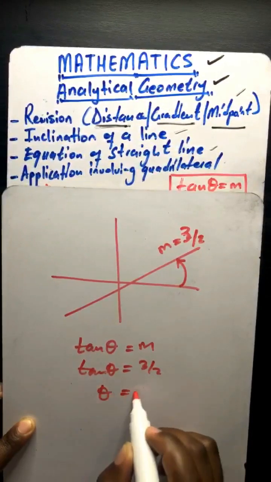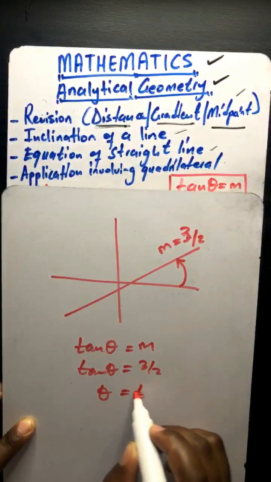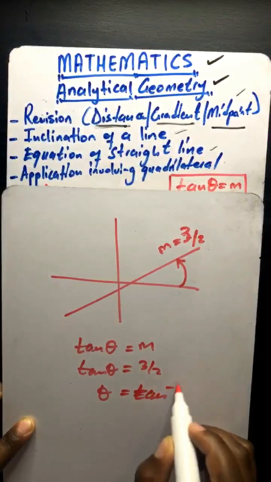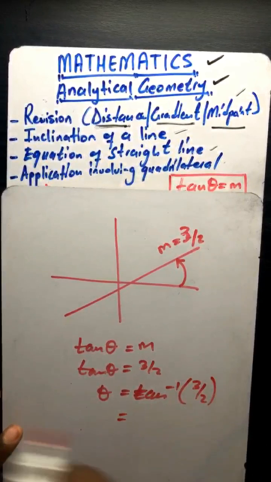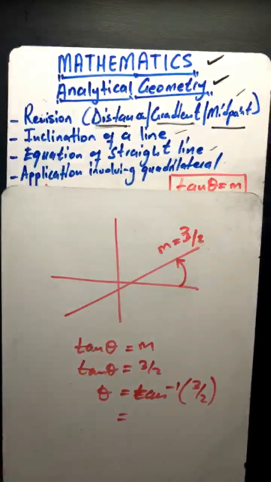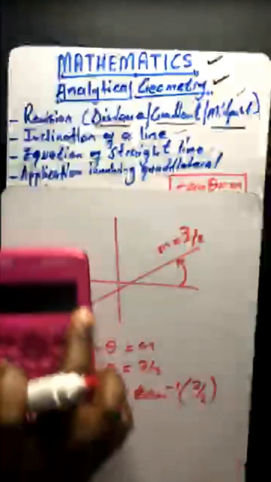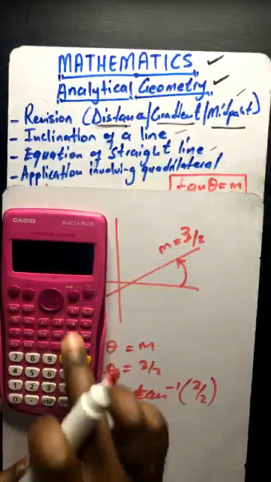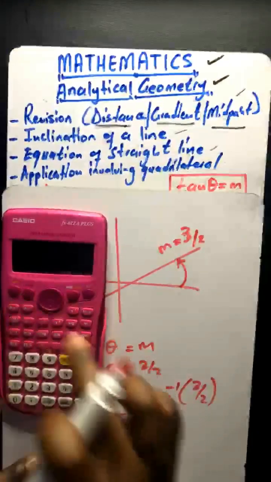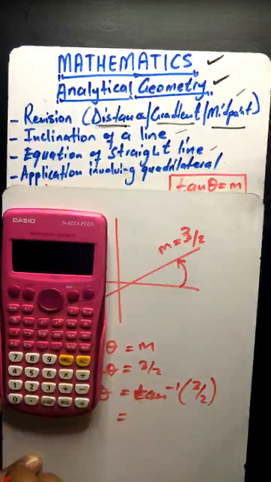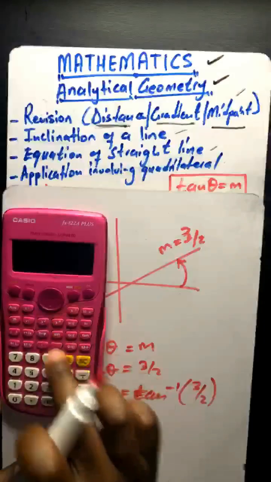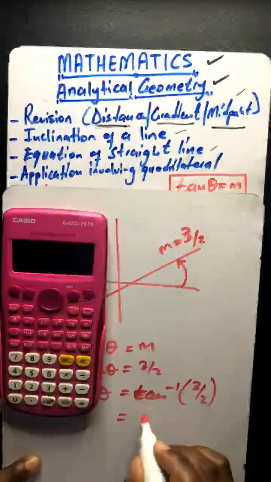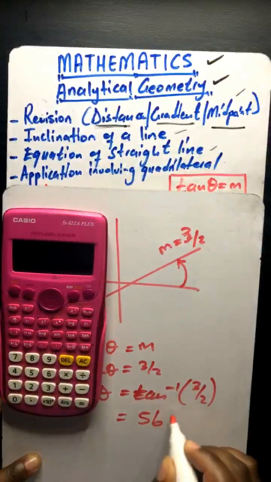Meaning, angle will be equal to arc tan, or otherwise second function of tan, of that. What answer are you getting there? Based on my explanation, I'm saying you are going to get a positive angle. Let's see. Shift tan of 3 over 2. We are getting positive 56, let me round it.